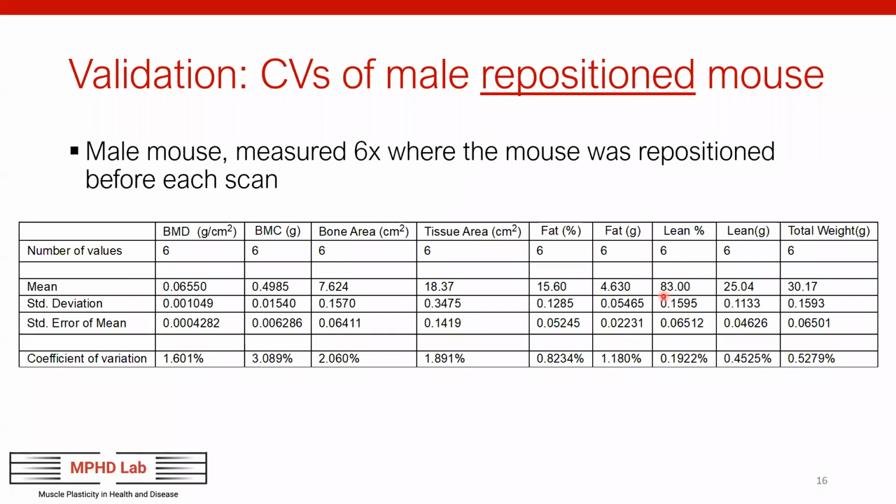And so we can see here that the CVs, again, are really impressive, at or below 3% for bone mineral density and bone mineral content. And below 2%, one just at 1.18, which is still okay with us, with the fat percent, the fat gram weight, lean percent, and lean gram weight as well. So again, really impressed with the performance of the system, even with the repositioning.